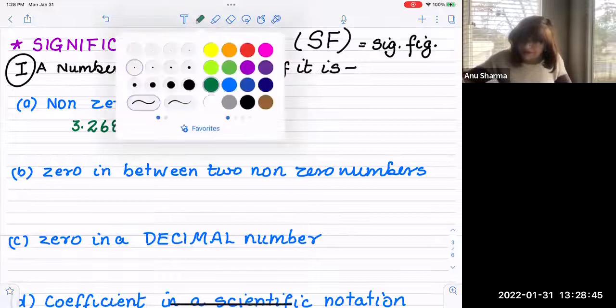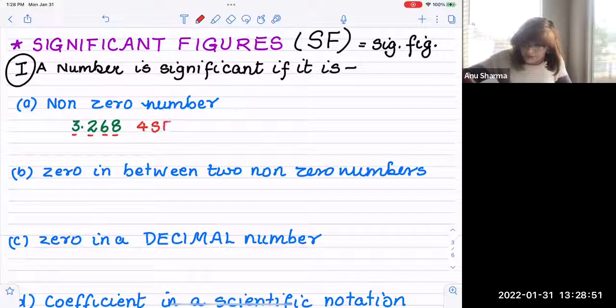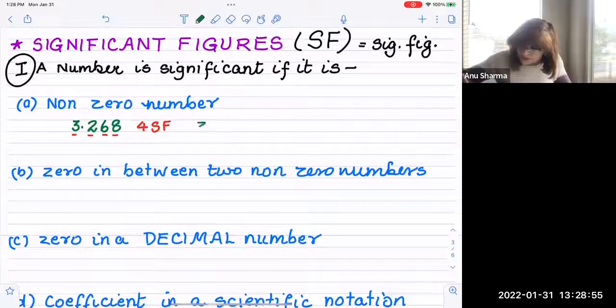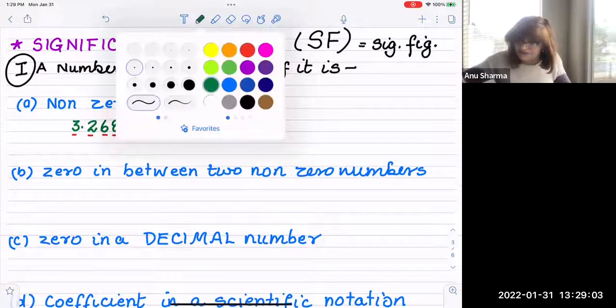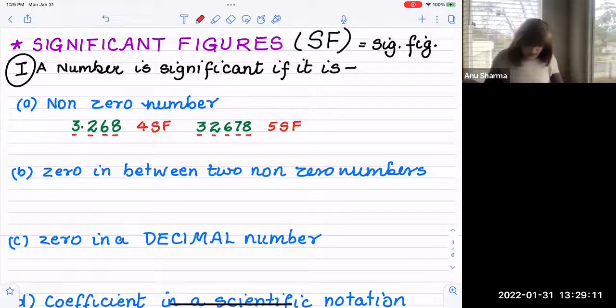How many significant figures are there? 1, 2, 3, 4. These 4 numbers are significant. Okay. For example, if you have 3, 2, 6, 7, 8, in that case, 1, 2, 3, 4, 5 significant figures. So all these non-zero numbers are important.